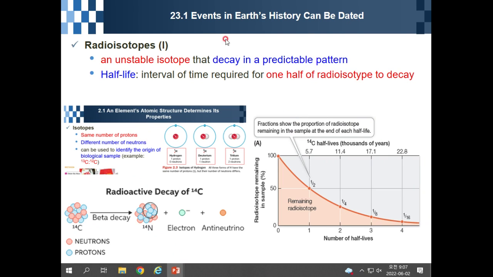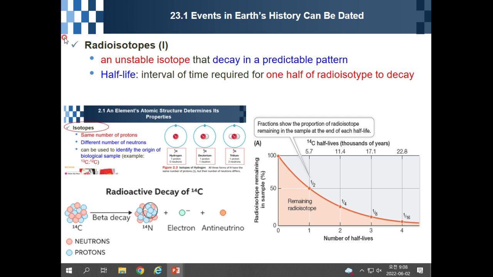And before that, to date Earth's history, we always use radioisotopes. Previously in Chapter 2, we learned about isotopes. An isotope has the same number of protons but a different number of neutrons.